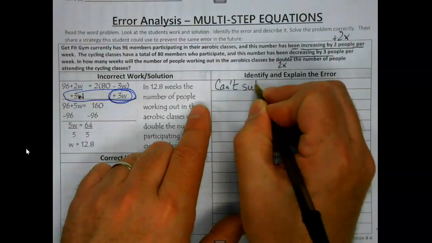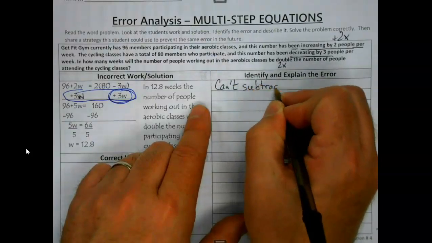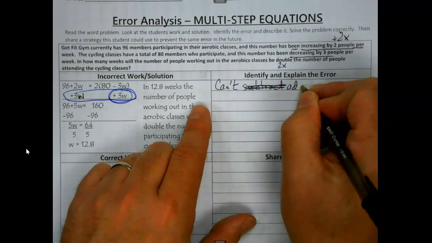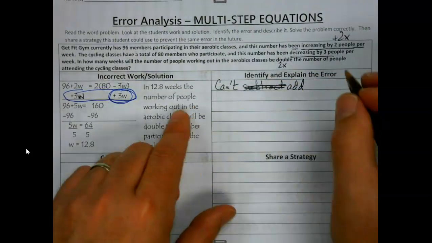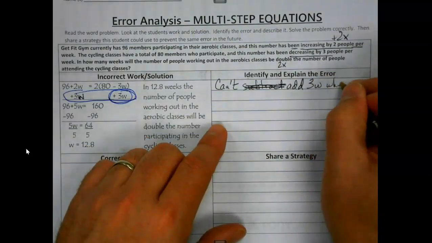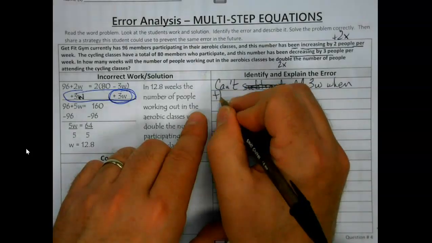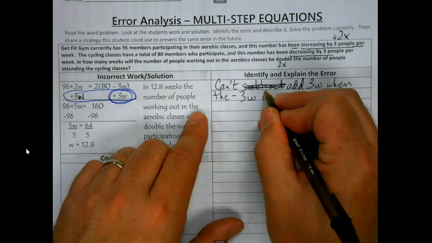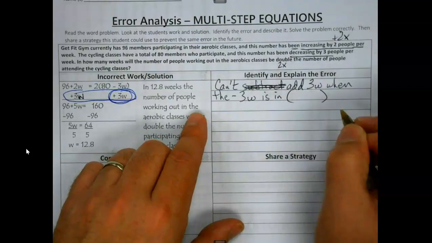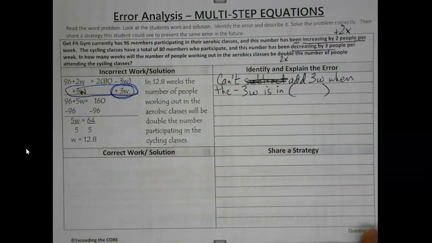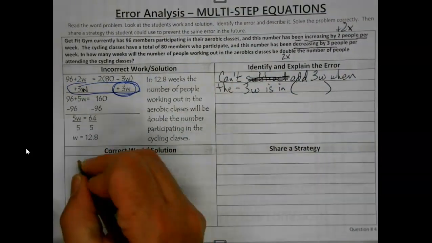So I can't subtract, or in this case, oh, geez, Hardy, I can't add, I can't talk either, can't add 3W when the minus 3W is in parentheses, right there. Okay?